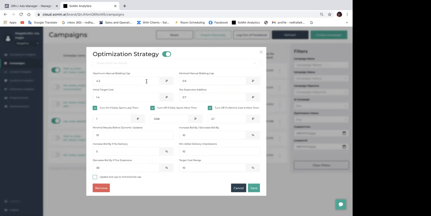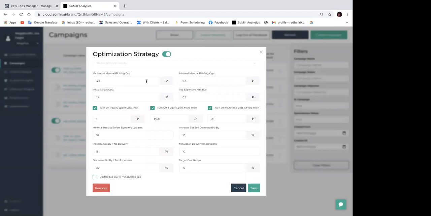It's just the rules of a highway. So same is here. Your maximum and minimum manual bidding caps are the rules that say this whole rule setting will not go lower than 0.5 in any ad set, and will not go higher than 4.2 in any ad set. These values are important and we're going to change them.